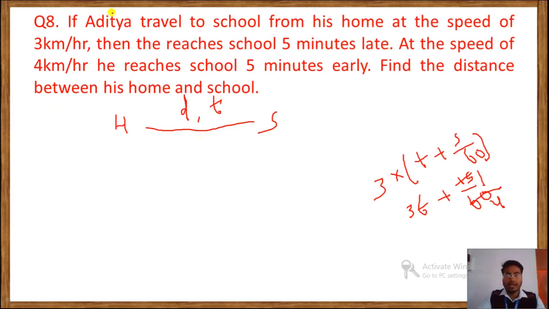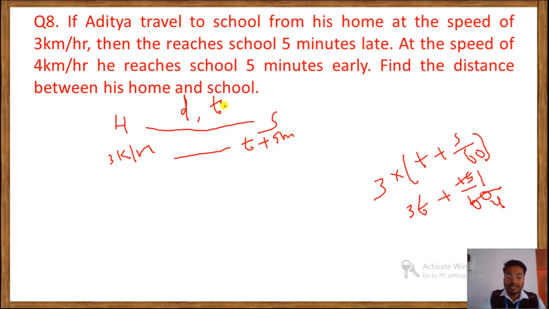When the speed is 3 km per hour, he reaches school 5 minutes late. So actual time we have t, and 5 minutes late means plus 5 minutes.